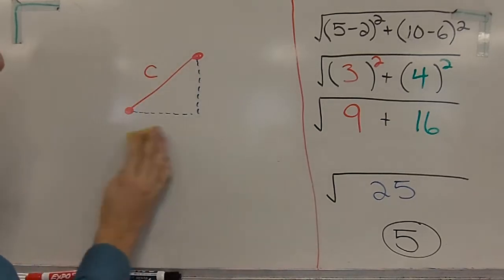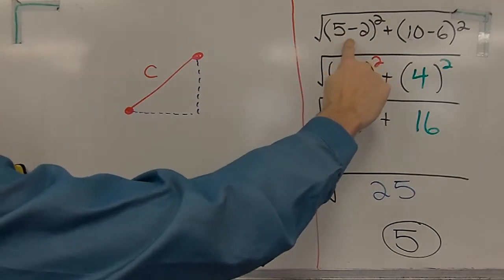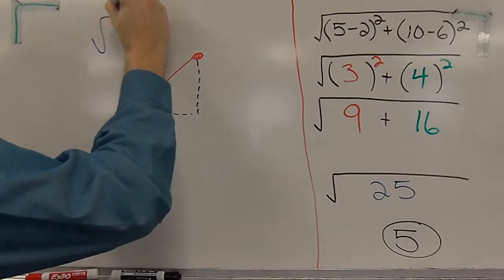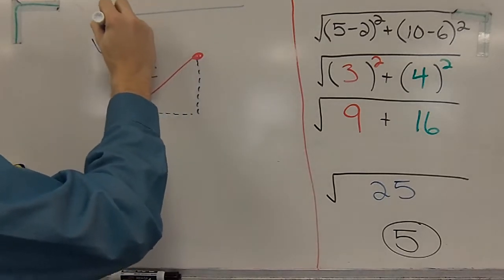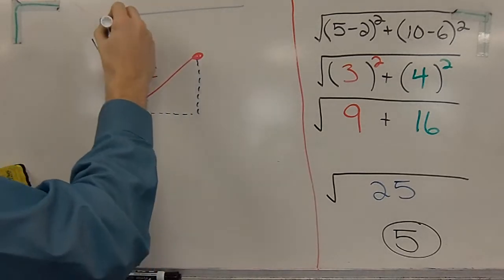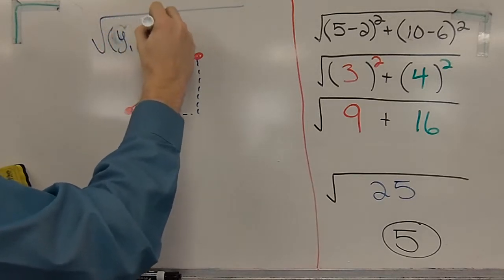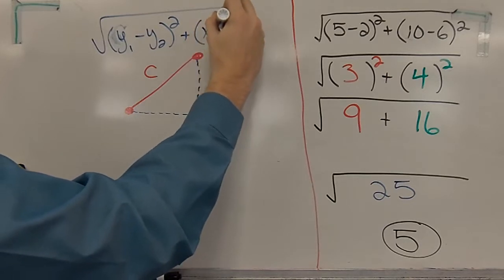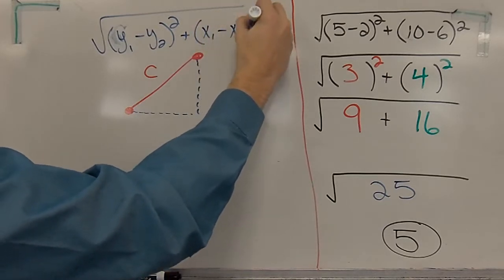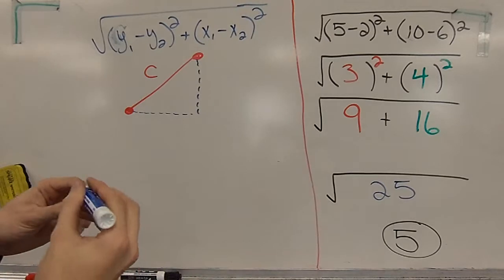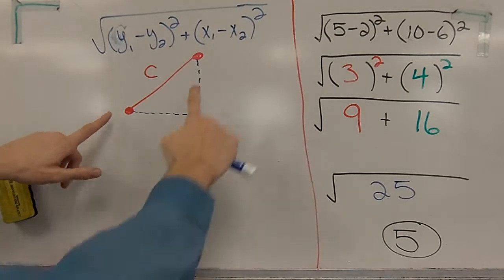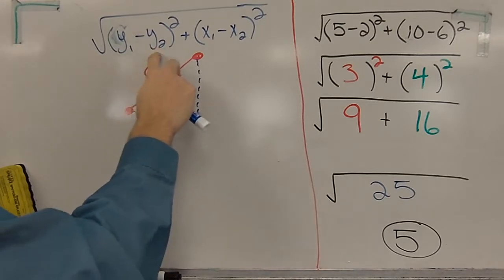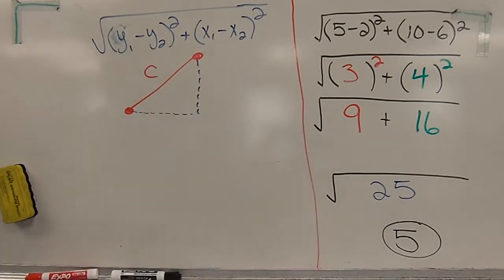So I'm going to rewrite the actual distance formula with variables included. We have 2 points: y1 and x1 represent one ordered pair, and y2 and x2 represent the other ordered pair.